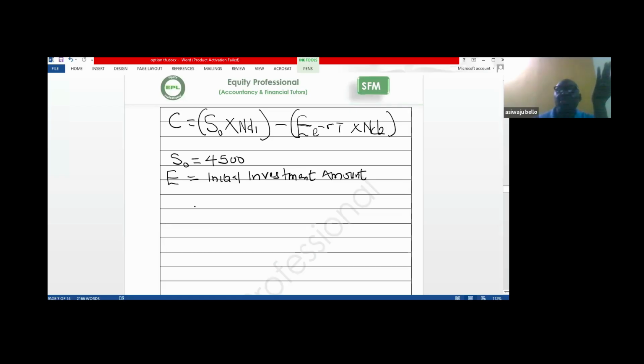To calculate net present value, NPV is equal to present value of future cash flow minus initial investments.